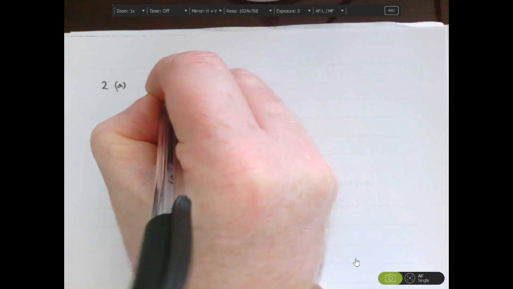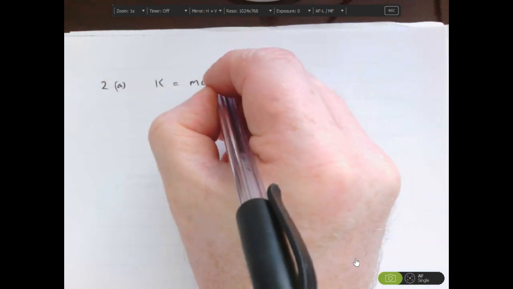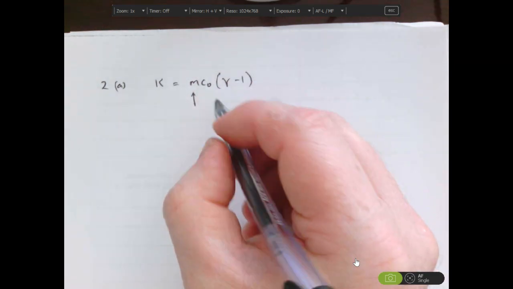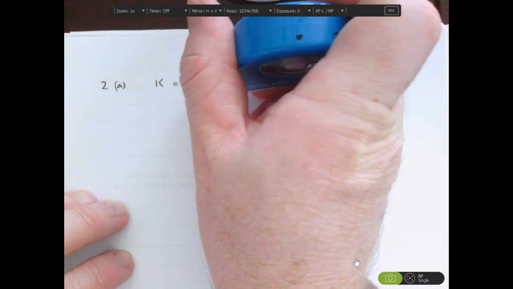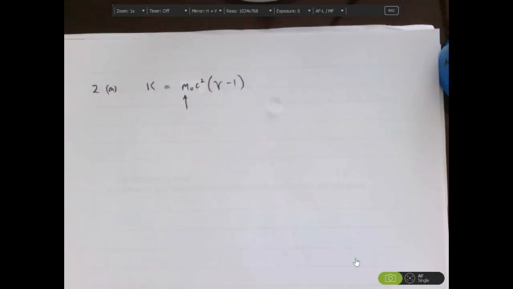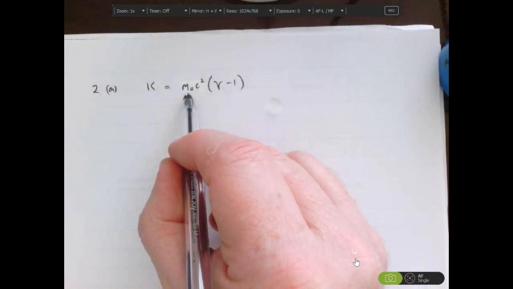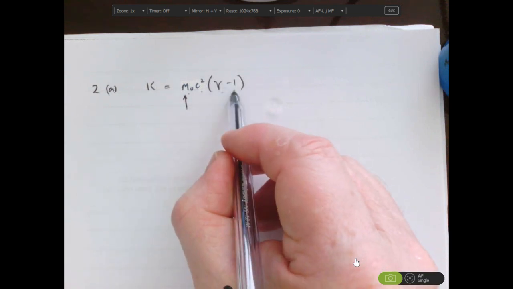The kinetic energy is equal to m naught c squared, gamma minus 1, where m naught is the rest mass, c is the speed of light, and then gamma minus 1.